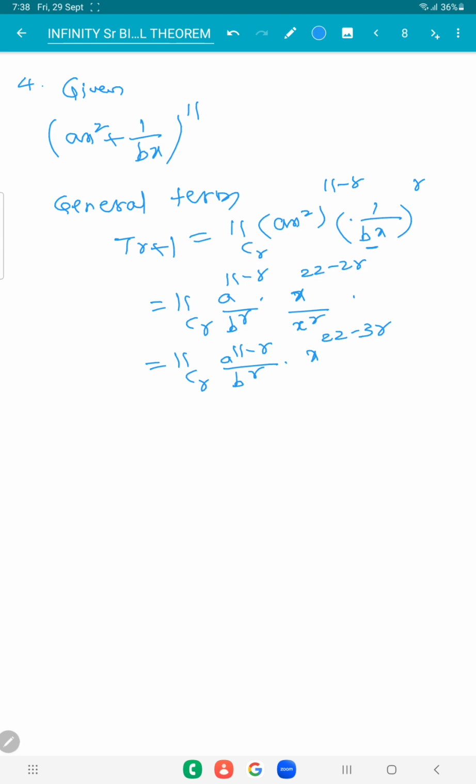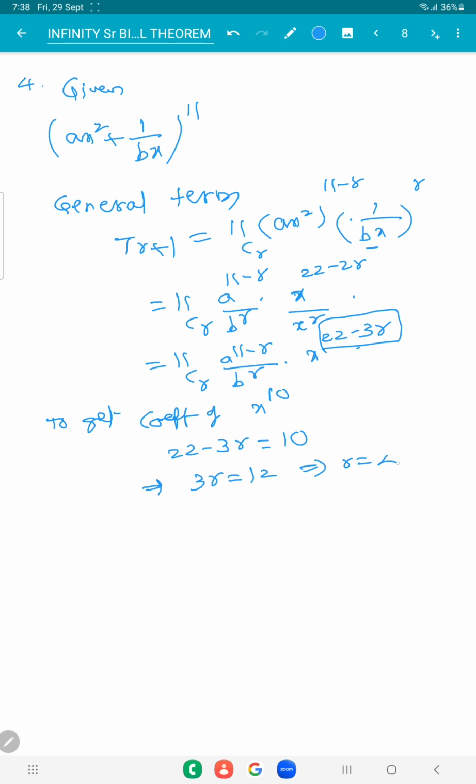See this, what is given here? The coefficient of x power 10, right? To get the coefficient of x power 10, equate this to 10 to get the value of r. So 22 minus 3r is equal to 10. 3r is equal to 22 minus 10, 12. r is equal to 4.